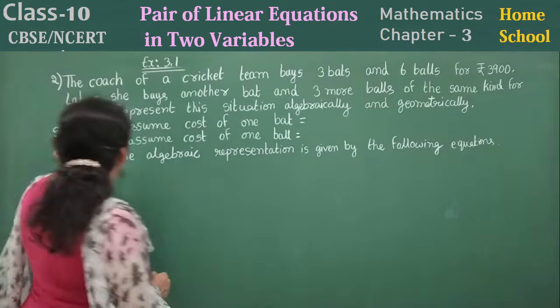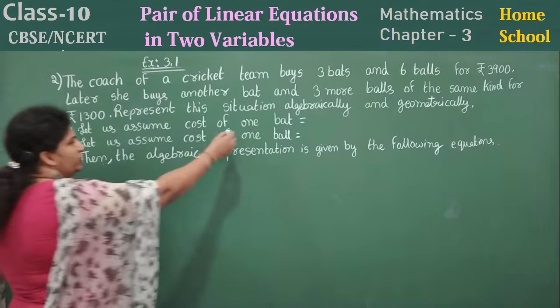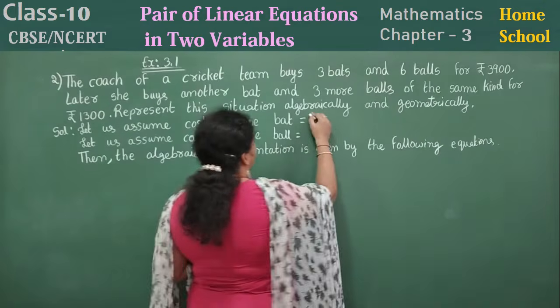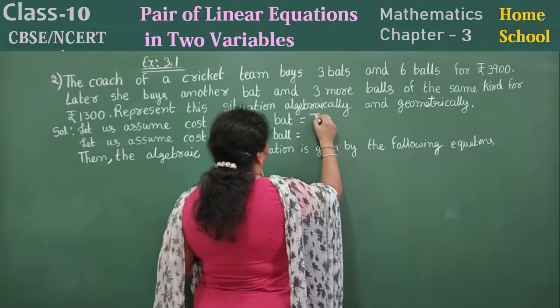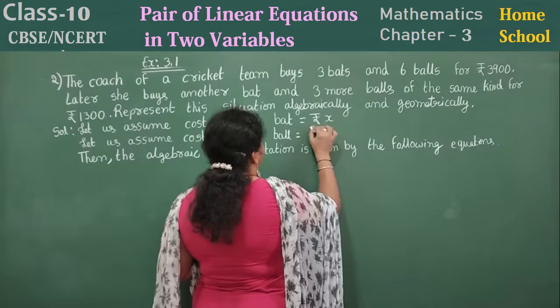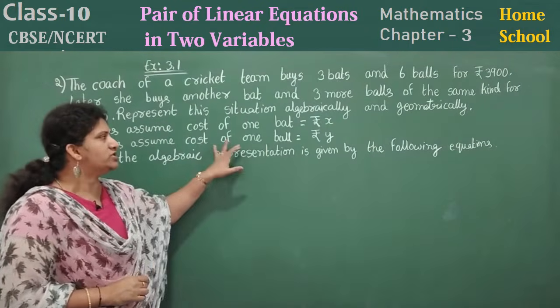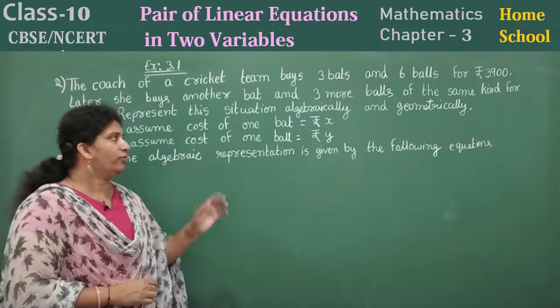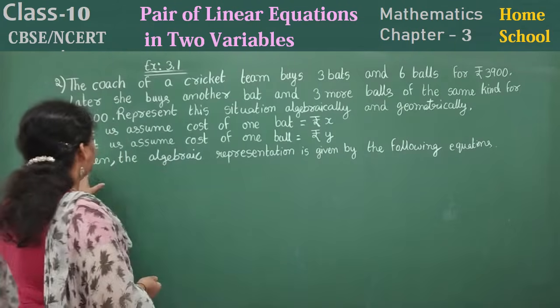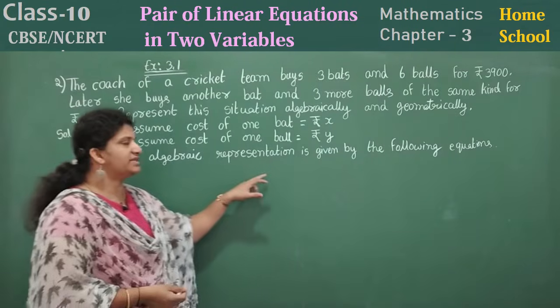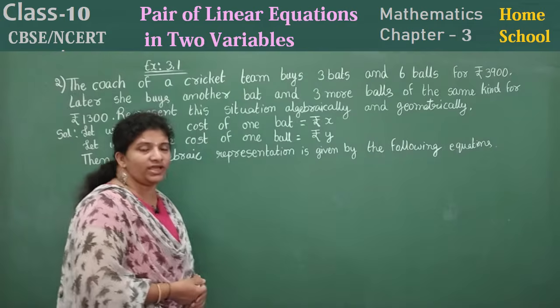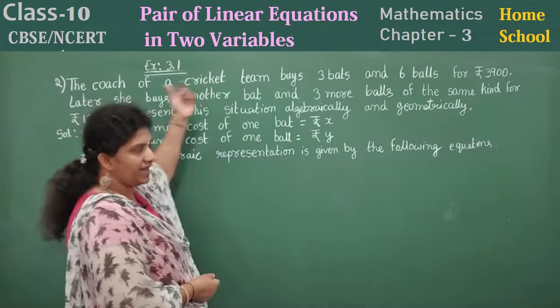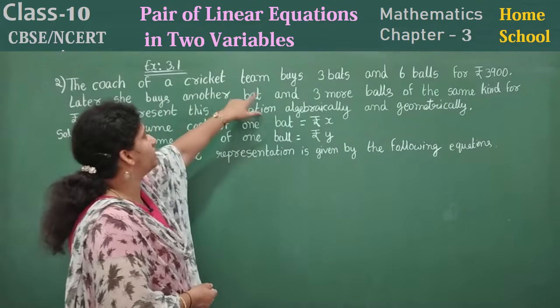Okay, let's see the solution here. Let us assume cost of one bat is equal to rupees x. Let us assume cost of one ball is equal to rupees y. Then the algebraic representation is given by the following equations. So now again we read the equation here.